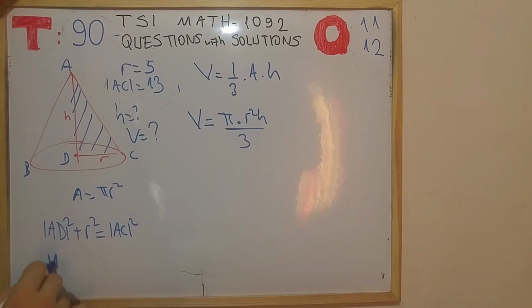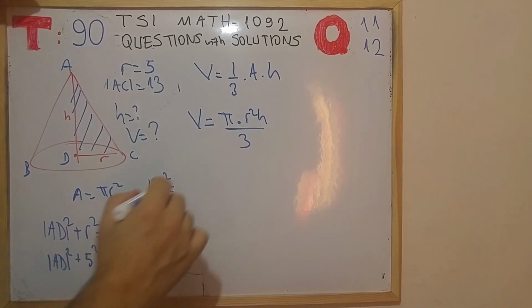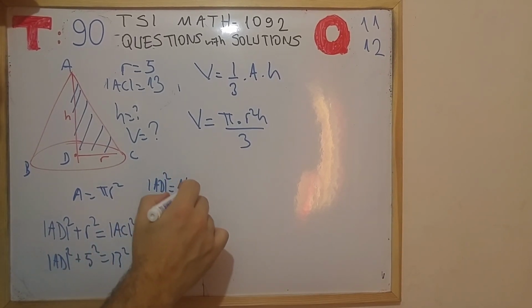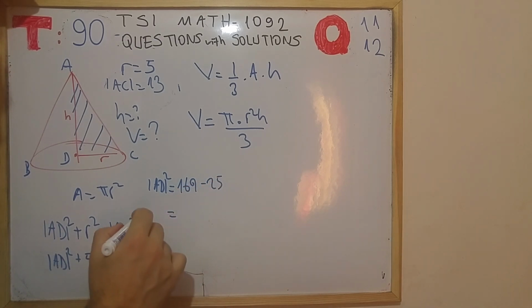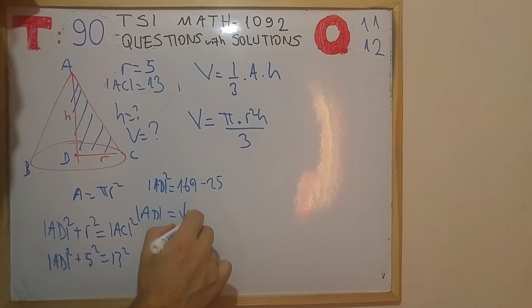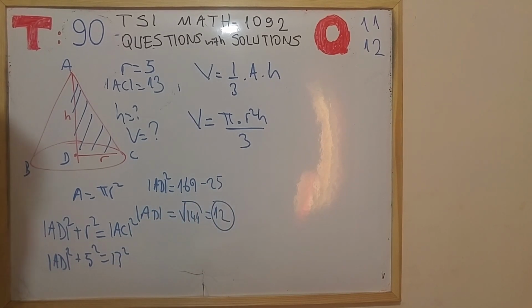So I can say h squared plus 5 squared is equal to 13 squared. So AD squared is equal to 13 squared, which is 169, minus 5 squared, 25, and AD is equal to the square root of 144, that is equal to 12. 12 is the answer for question number 11.